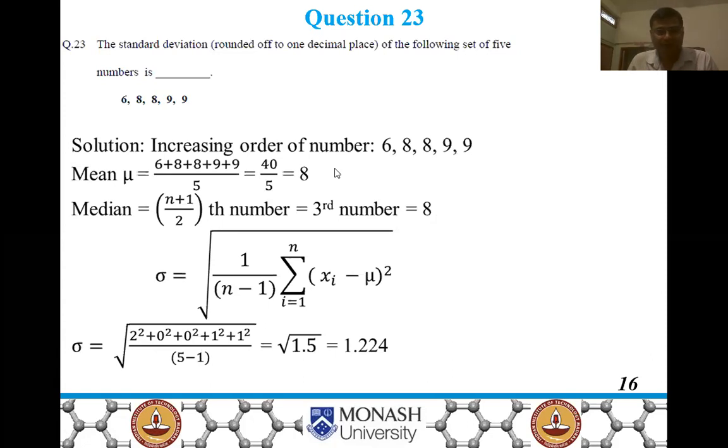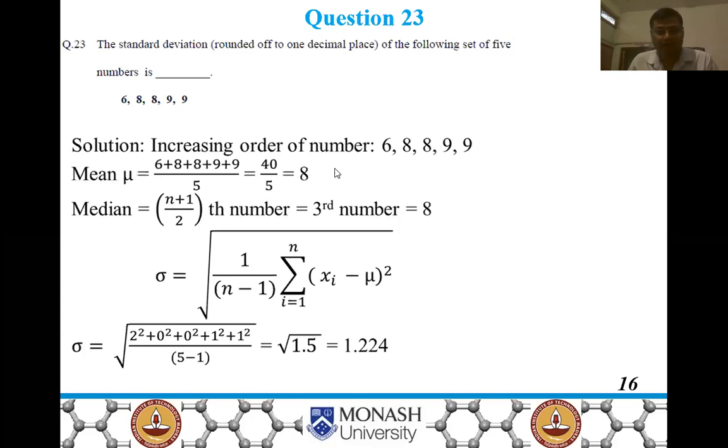The mean for these five numbers is the sum of these numbers divided by 5, which is 40 divided by 5, equal to 8, and the median is calculated by (n+1)/2, that is the third number, equal to 8. So the standard deviation sigma is equal to the square root of 1 upon n minus 1 times the sum of (xi minus mu) squared, for i varying from 1 to n.